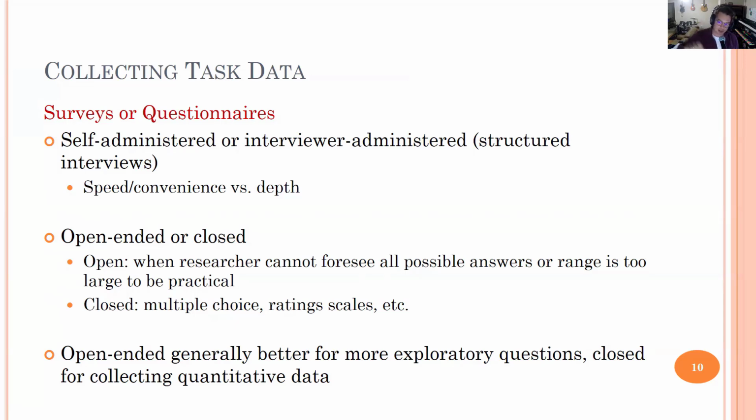So if you can imagine, hey, fill this out and get it back to me, I don't have as many opportunities to say, well, what did you mean by this? Can you elaborate on it? I don't get another chance for that. So I have to ask the questions in a very particular, careful way.